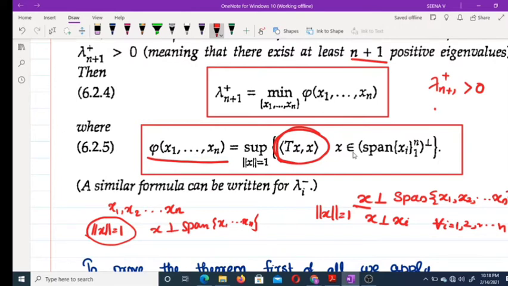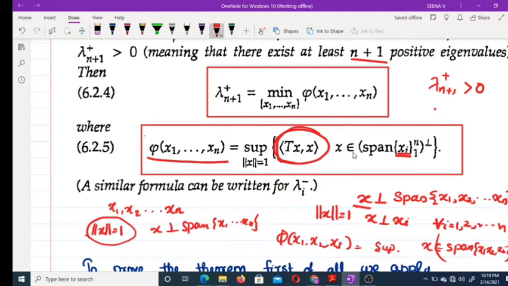That supremum value is known as phi of x1, x2, etc., xn. So what is phi of x1, x2, x3? Suppose this is the same supremum, norm of x equal to 1, such that x belongs to the span of x1, x2, x3 perp.